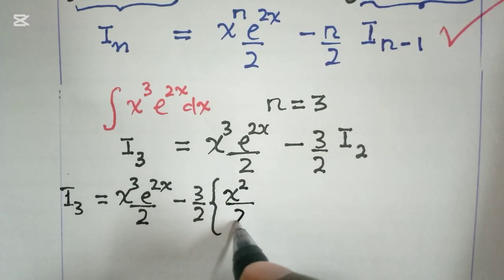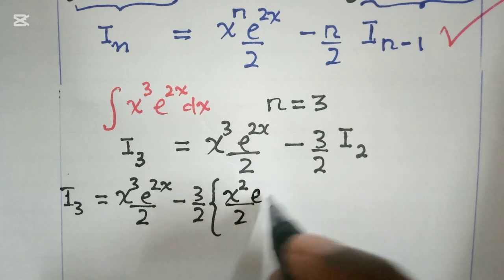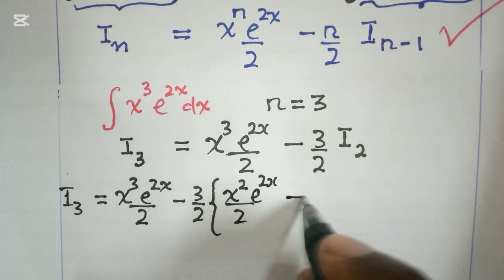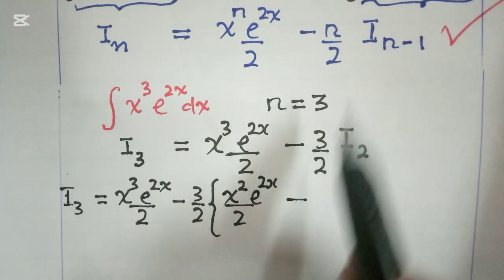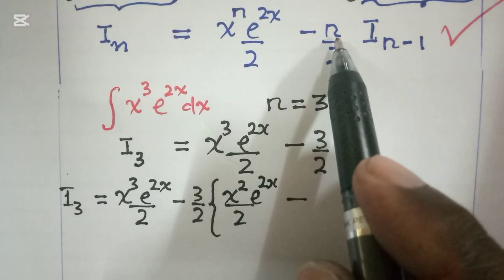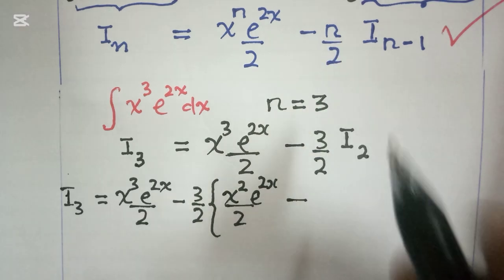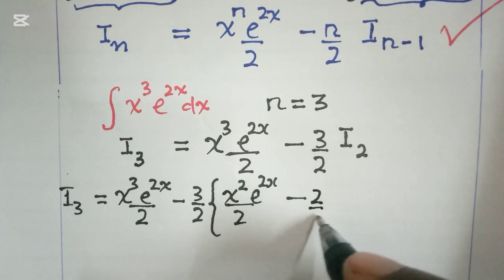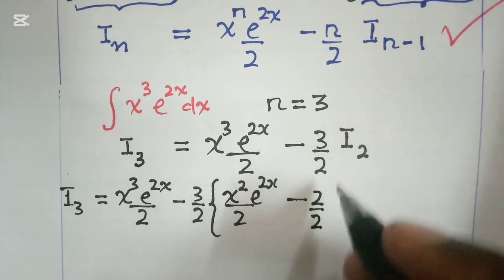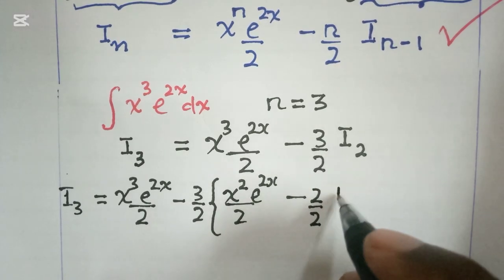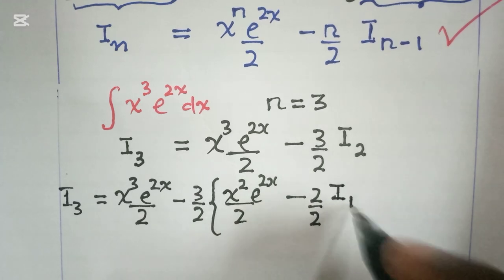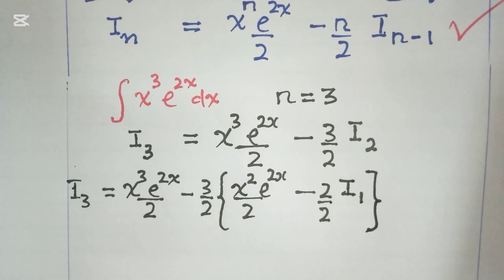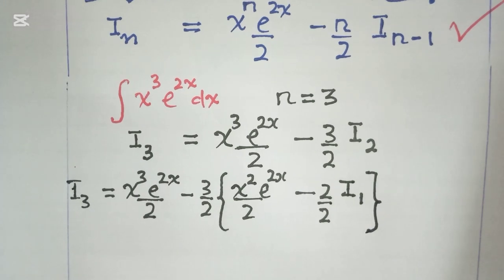All over 2 e raised to 2x, like that, minus, this one is supposed to be n. So our I2 is going to have a 2 here. We are going to put a 2 there. All over now 2. 2 is constant. And then we put I1 like that. So that is how our equation is going to be, guys.